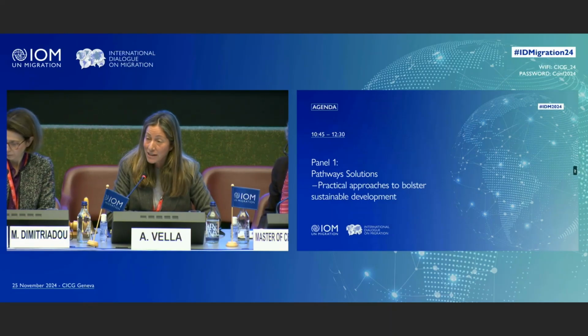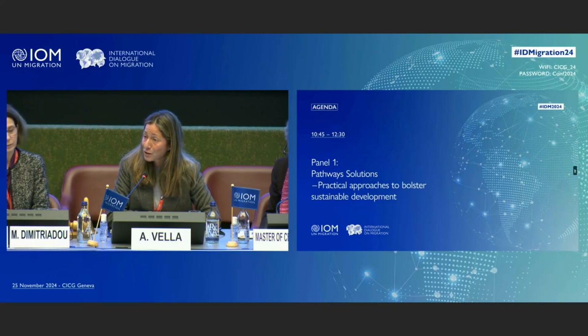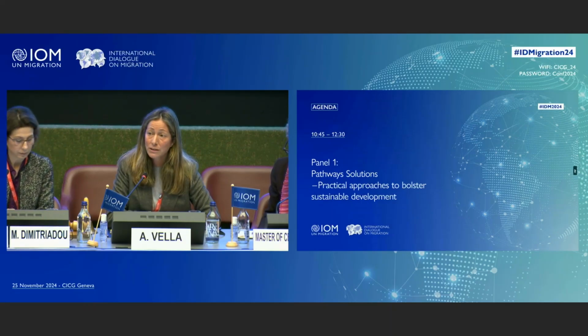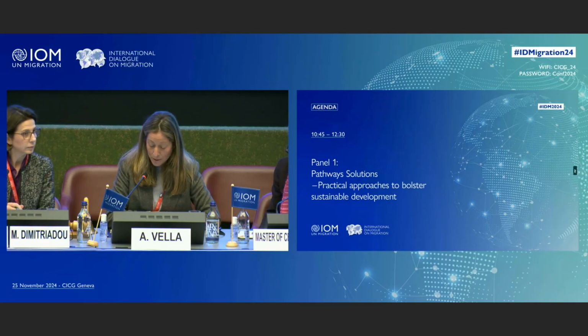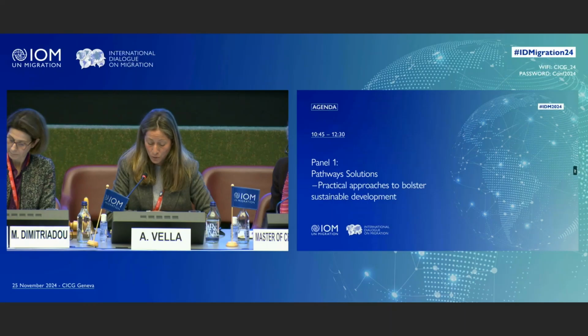But these are nevertheless regular pathways for those people in need of them. And for the first time, we have a piece of legislation at the European level that will harmonize the way EU member states do the admission procedure, in cooperation with UNHCR when applicable, but also other potential organizations when it comes to humanitarian admission.